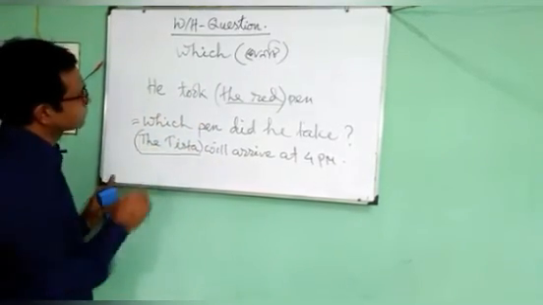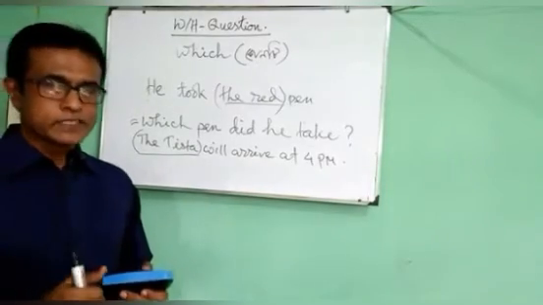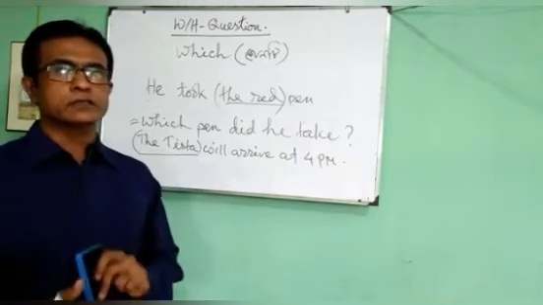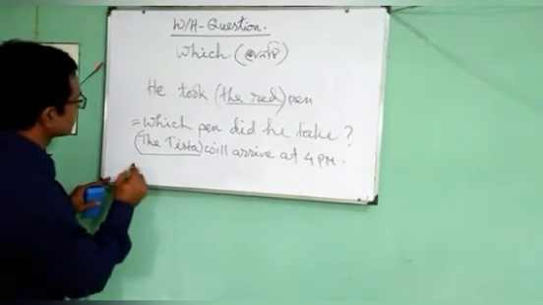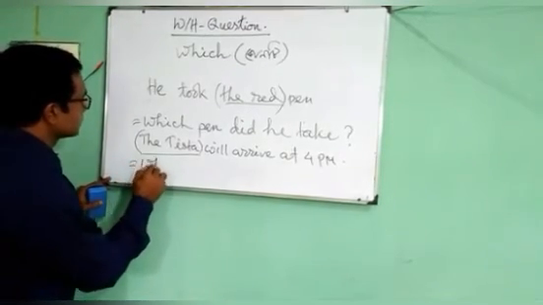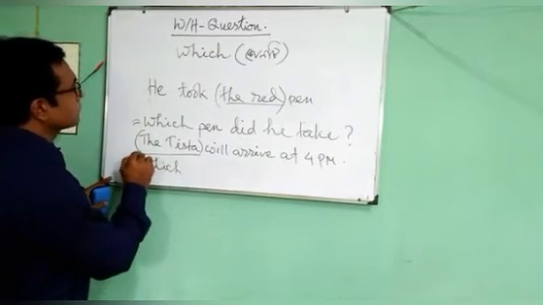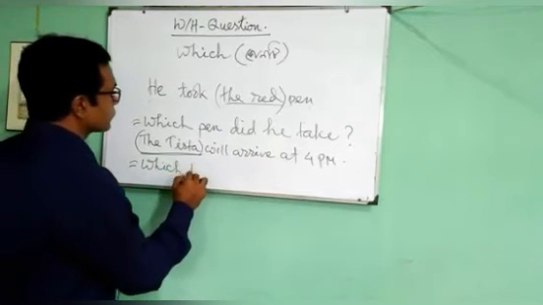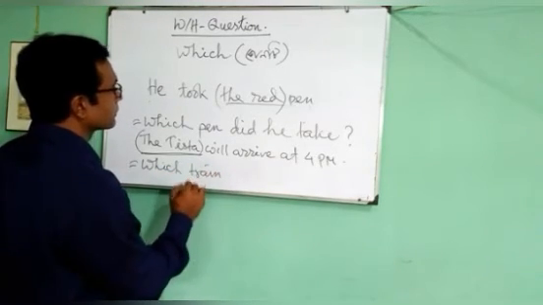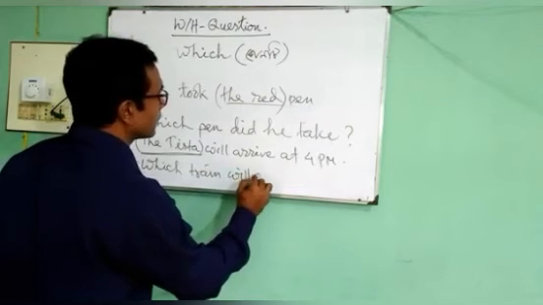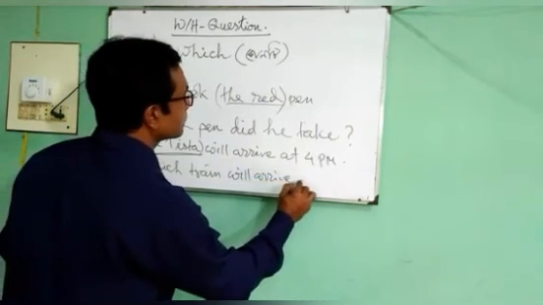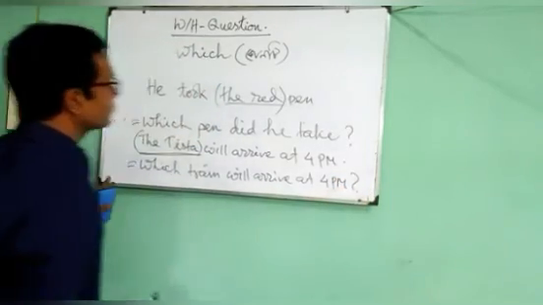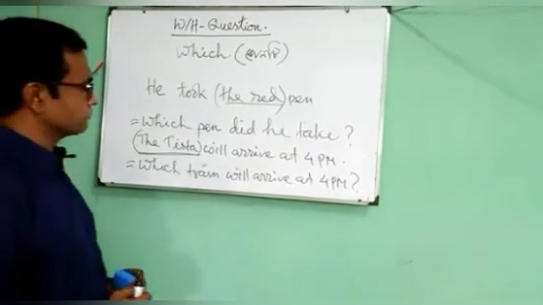To know the name of the train specifically, you can make a question using which. And the Tista is the subject of this sentence. Which train will arrive at 4 p.m.? Which train will arrive at 4 p.m.?